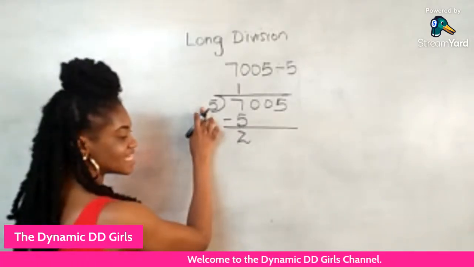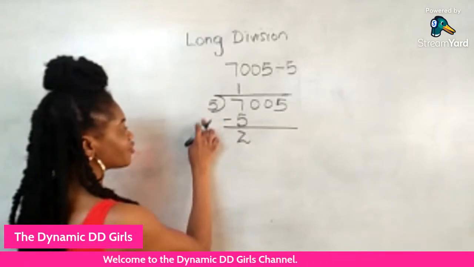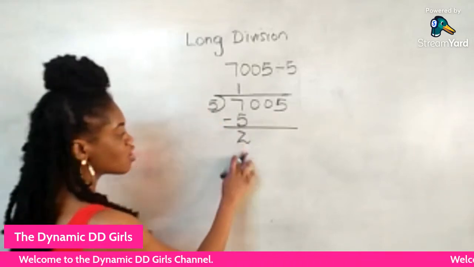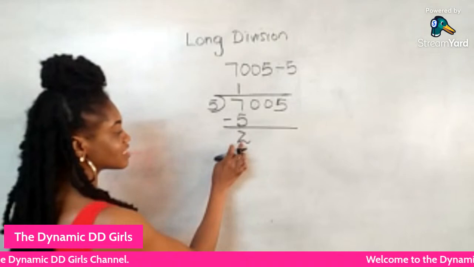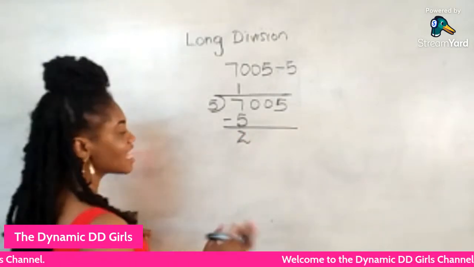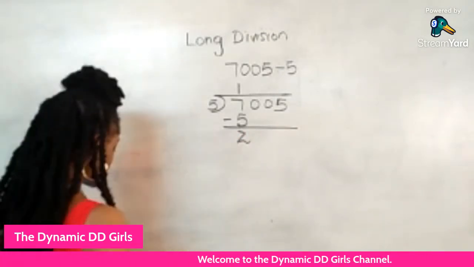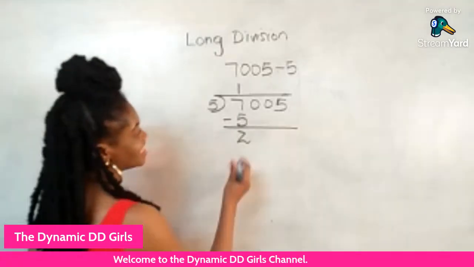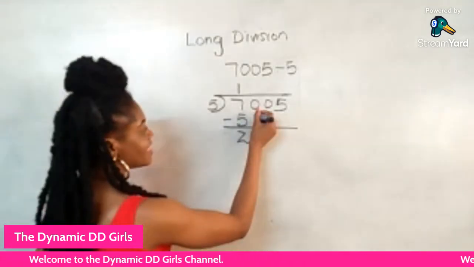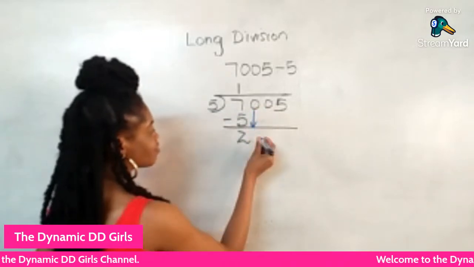The next thing is that you're going to have to tell if you can get a group of 5 from 2. 2 is smaller than 5, so we can't get a group of 5. So we're going to look at the digit in the next place, and bring it down.